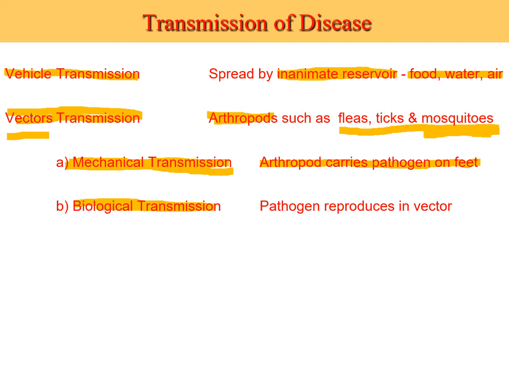In biological transmission, the infectious organism, the pathogen, is reproducing in the vector. An example of that would be malaria, where the protozoan Plasmodium vivax, for example, which can cause malaria, is reproducing in the salivary glands of the mosquito.